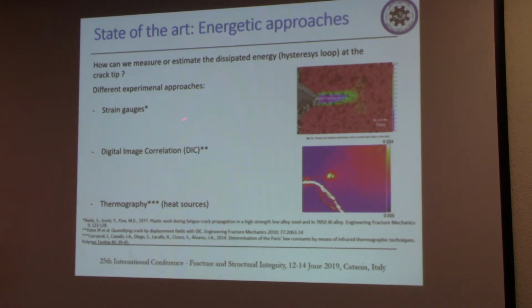In the literature, there are different experimental approaches, based on strain gauges, or DIC, or thermography. These latter are very interesting techniques because they provide full-field information about the plastic area with a relatively simple setup.